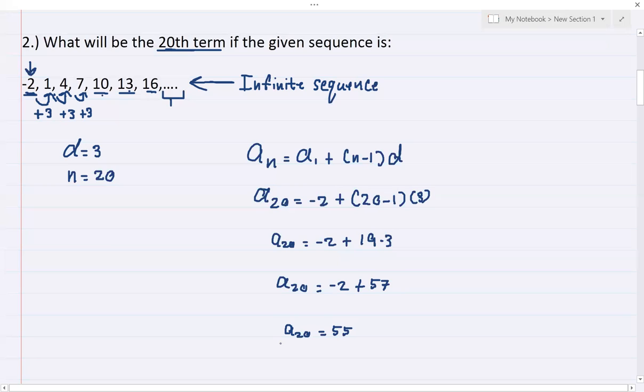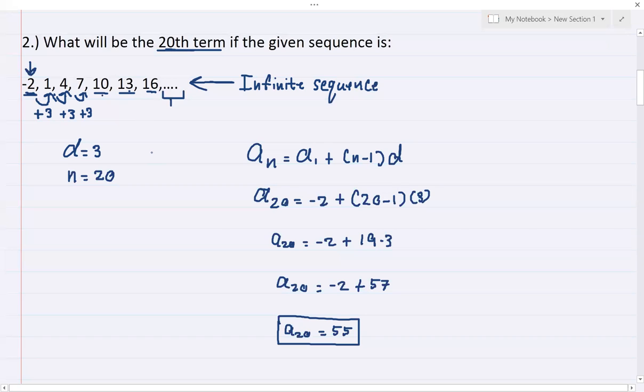So that is your answer, 55. That's how you get the nth term of an infinite sequence.